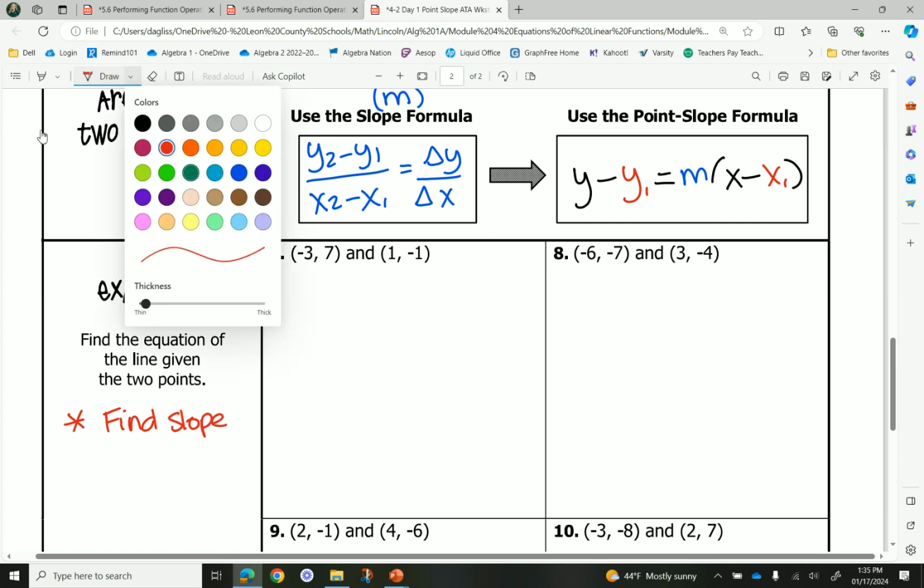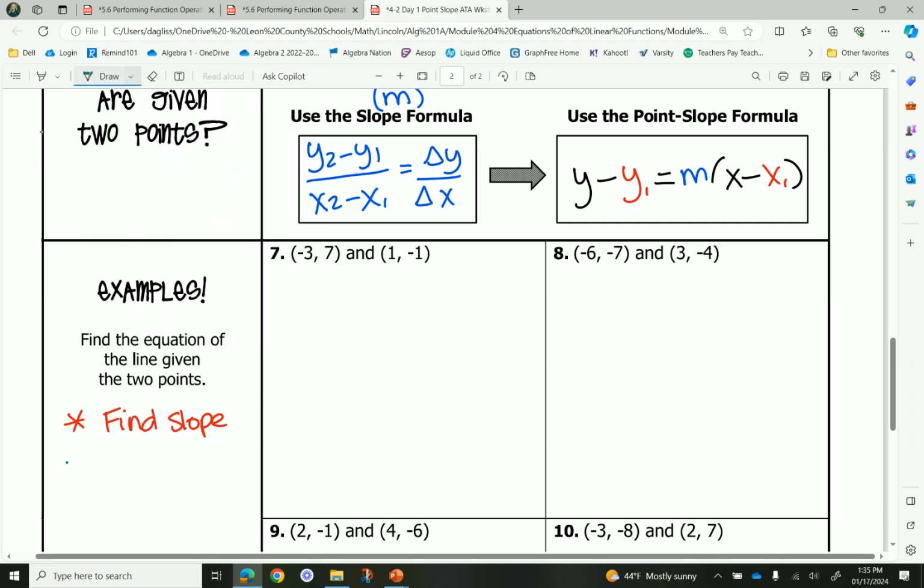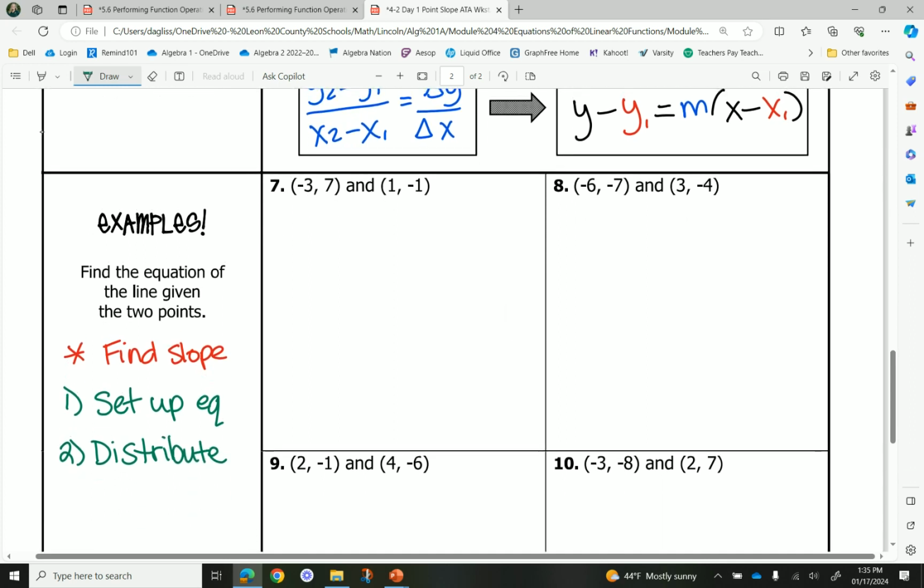And then we're going to do the same steps from the front of our page. Set up our equation. Step 2. Distribute m to x minus x1.